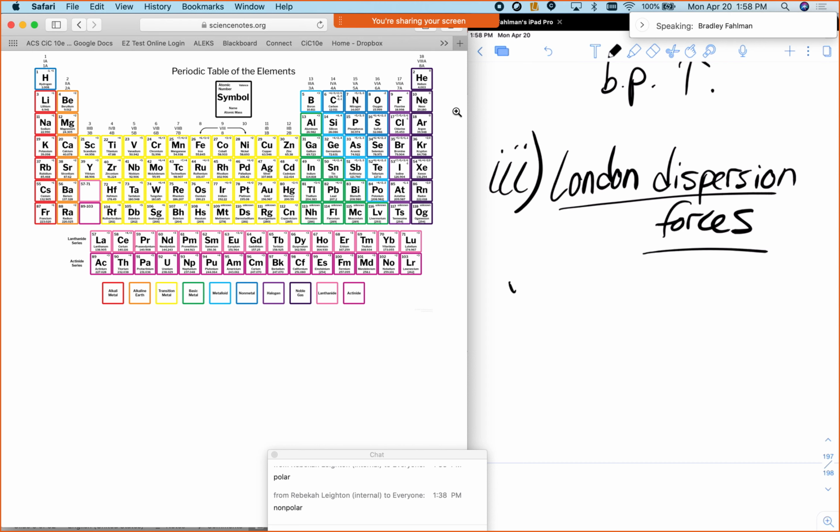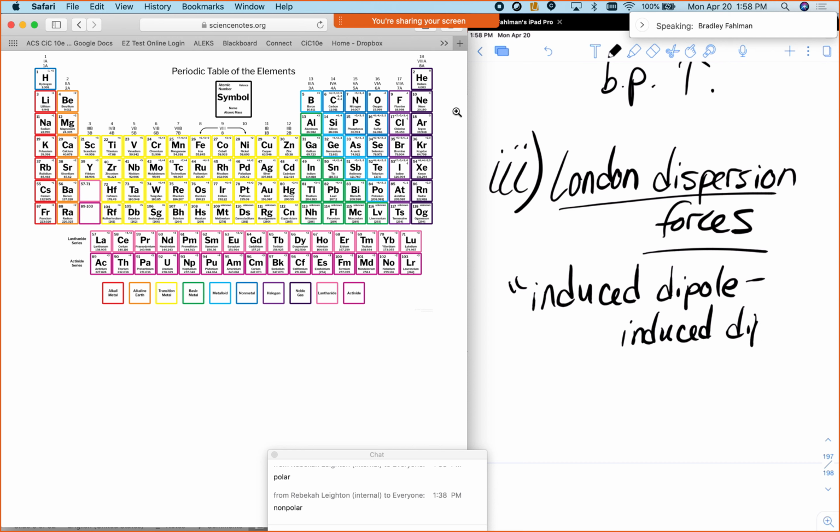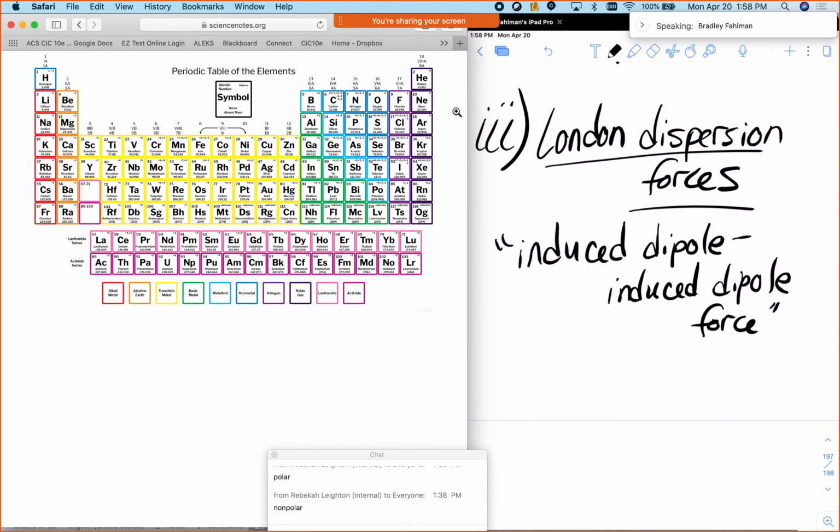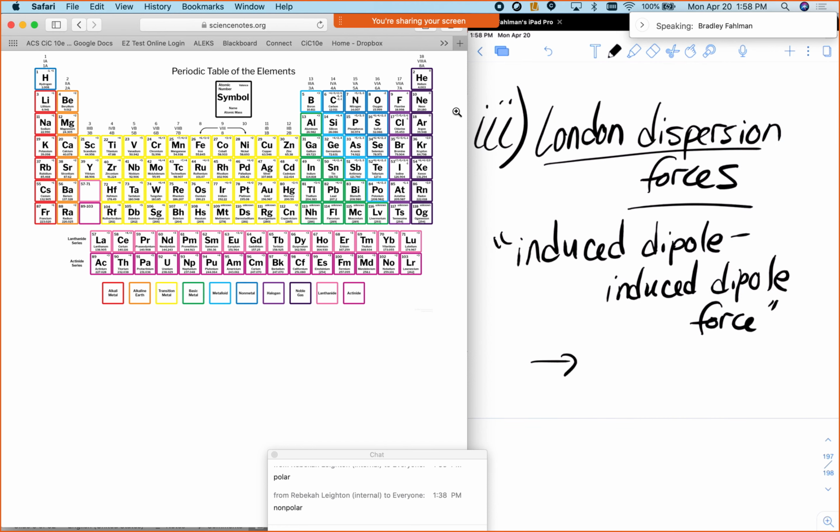You can think of this as really an induced dipole force. Remember the second one we said was dipole-dipole? This is really an induced dipole effect. What I mean by that is that this is between two or more nonpolar molecules.